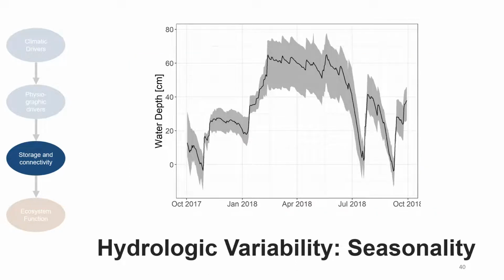We took one water year's worth of data, and so this is what the water level in that wetland looks like. And so essentially, you have 3 seasons. In the fall, you have re-wetting. Once the leaves fall off the trees, they're no longer pulling water out of the superficial aquifer. So you have this re-wetting period.